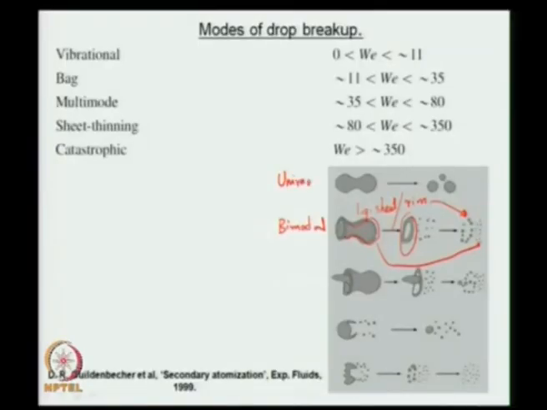In the first, vibrational breakup, you are more likely to see a unimodal breakup, that is, the preferred breakup process in the vibrational mode is for each drop to break up into two halves.